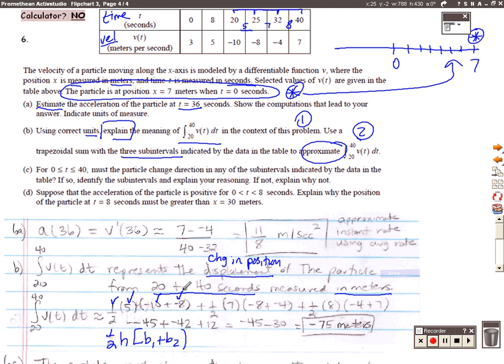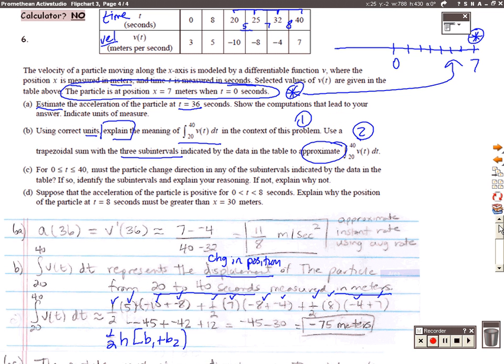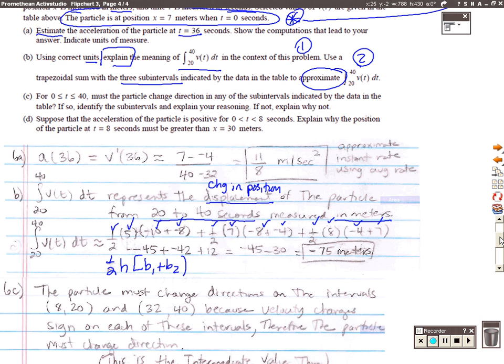Then another trapezoid approximation, 1/2 of the height, base 1, base 2. 1/2 of the height, base 1, base 2. But again, what I need you to see here is that the reason I'm setting up 3 different area problems is because the subintervals or the intervals are not equal. And then it becomes an arithmetic problem, and I can see that the particle is at negative 75 meters. What were they asking me to do? Yep, a trapezoidal approximation. Okay, 6C.